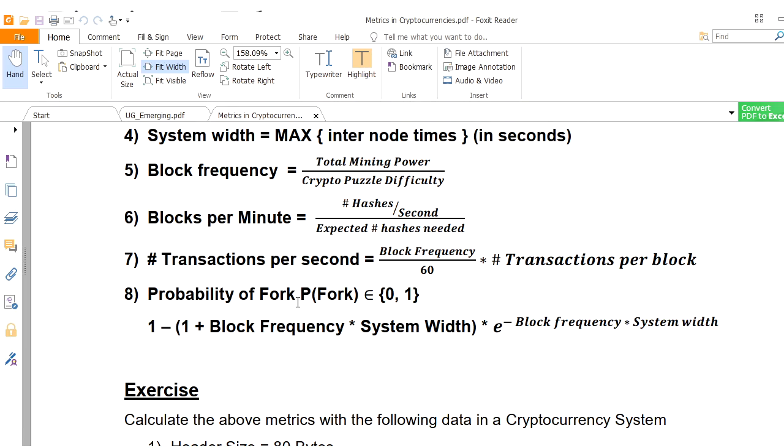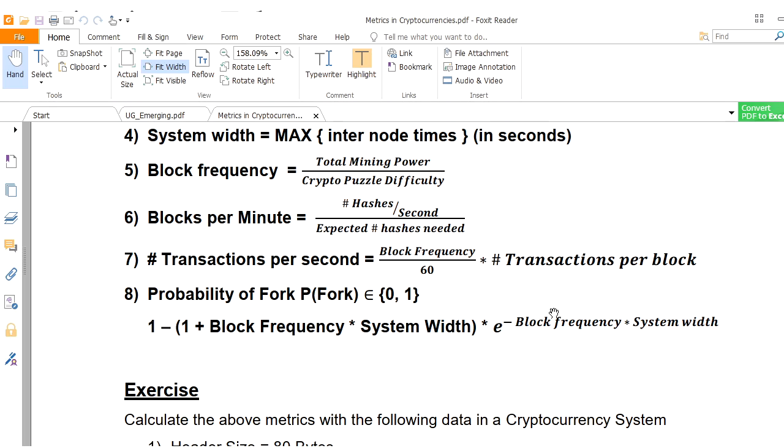Probability of fork means the probability of having a fork. Probability of fork, which lies between 0 and 1, is calculated as 1 minus (1 plus block frequency into system width) into e power minus block frequency into system width.